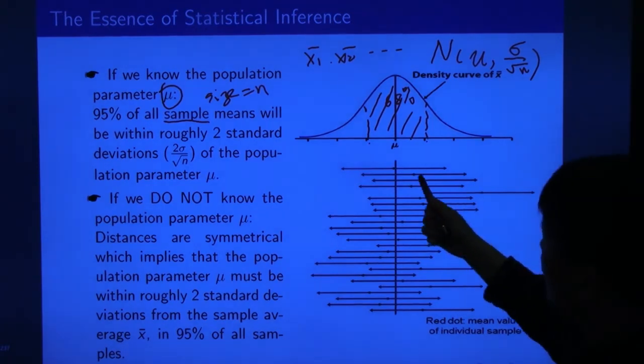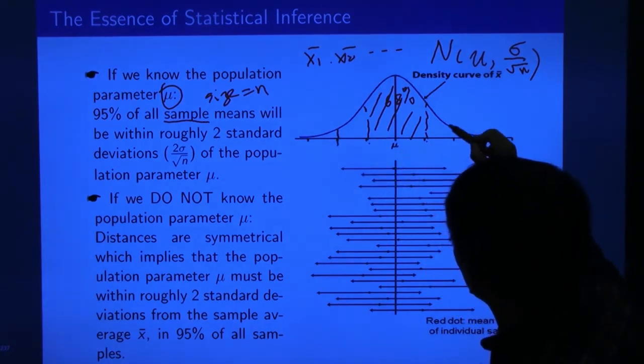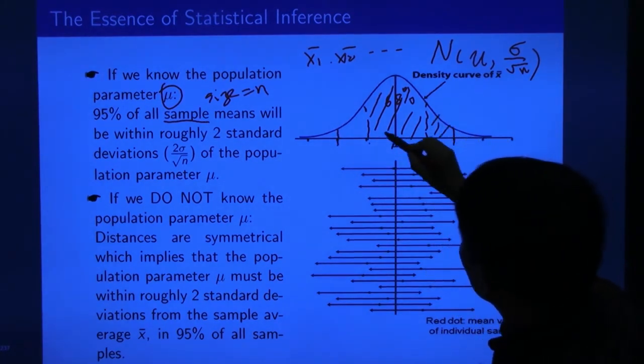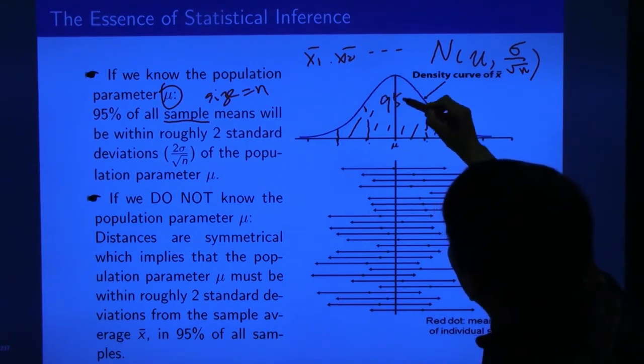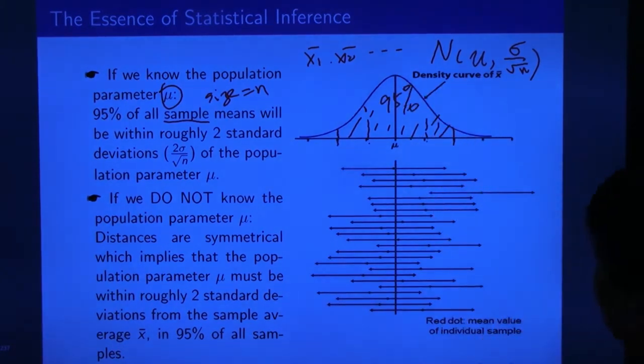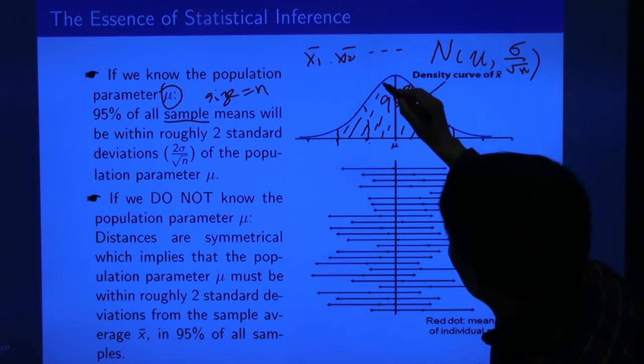And for plus and minus 2 standard deviations, here this is minus 2, this is plus 2, we are going to have 95.4%, approximately 95%, of proportions in the first chapter or probabilities in the last chapter. So this area equals 0.95.